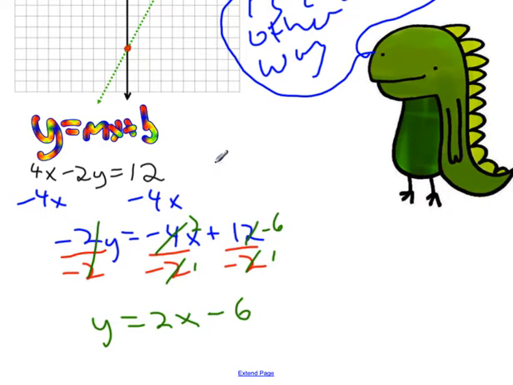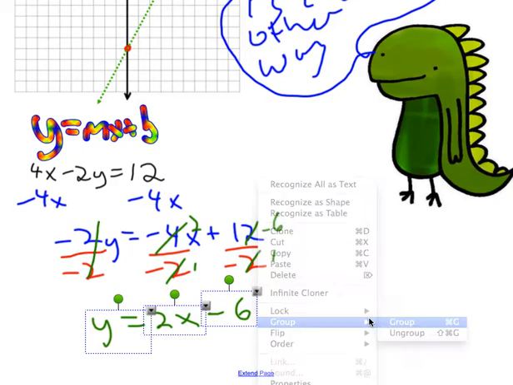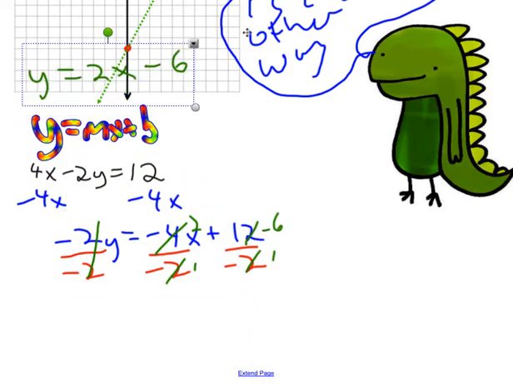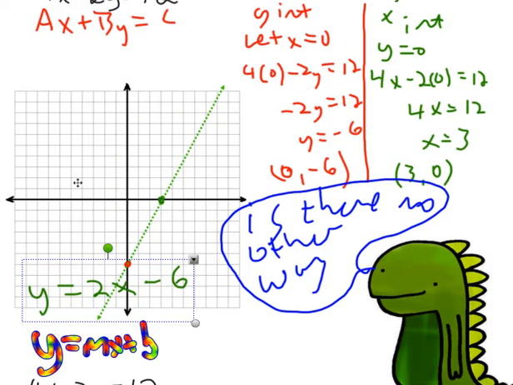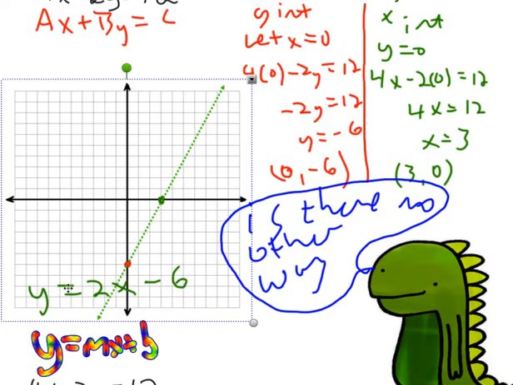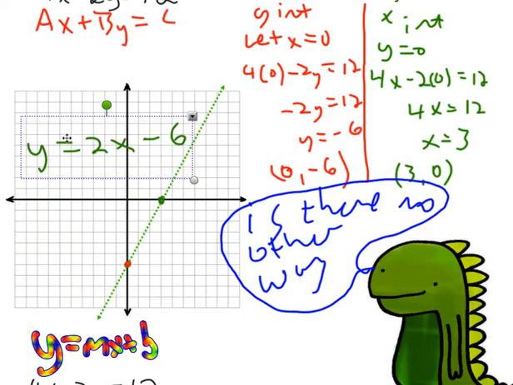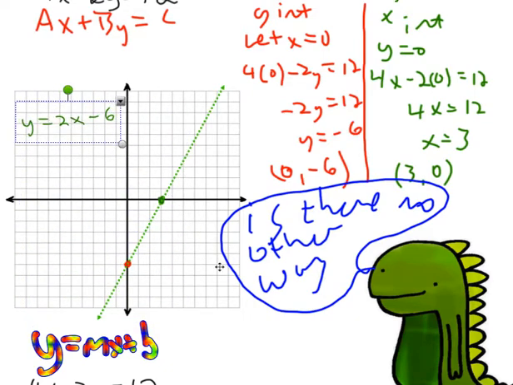So let's just check for a second. How does this relate to our graph? If we have y equals 2x minus 6, let's group all these right here and move it up. All right, let's explore the graph we just made, but now through the lens of slope-intercept form. Y equals 2x minus 6.